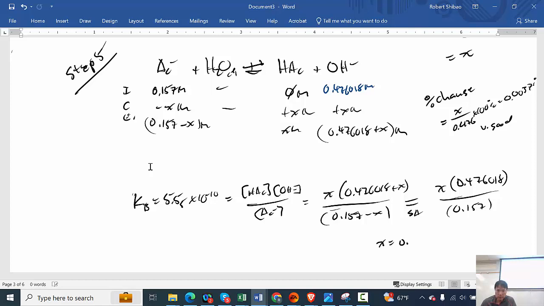I get X is equal to 5, 6, 7, 8, 9, 10, 1, 8, 3.